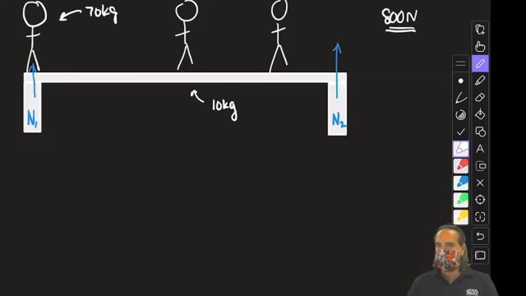It's not rotating, so there's no real pivot point, but we still have to deal with the torques. So in a static problem like this one, you can pick any place you want to be your pivot point.